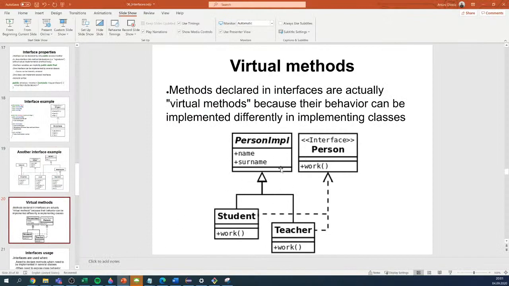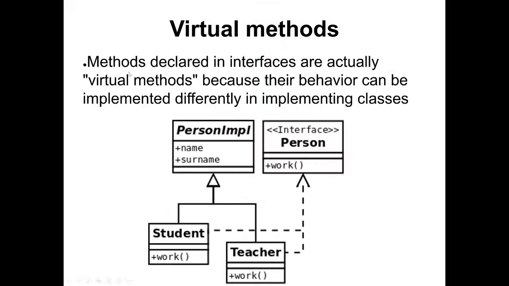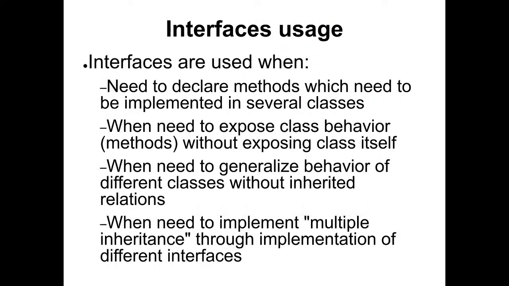About virtual methods again, the idea is that we don't directly know, and the compiler does not know either, which implementation will be called. That's why we need to check out the logic then.